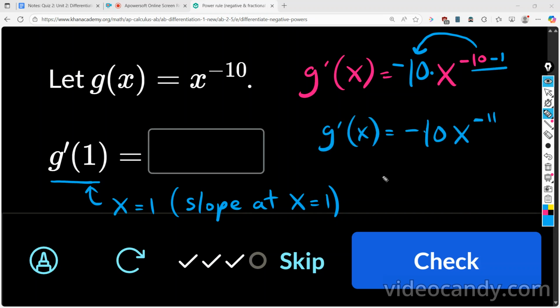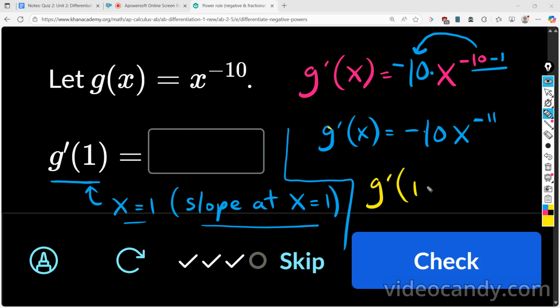That's your slope function. Now, what do we want to do? We want to find the slope at x equals 1, so we're going to have to plug in x equals 1. So g prime of 1 equals negative 10.